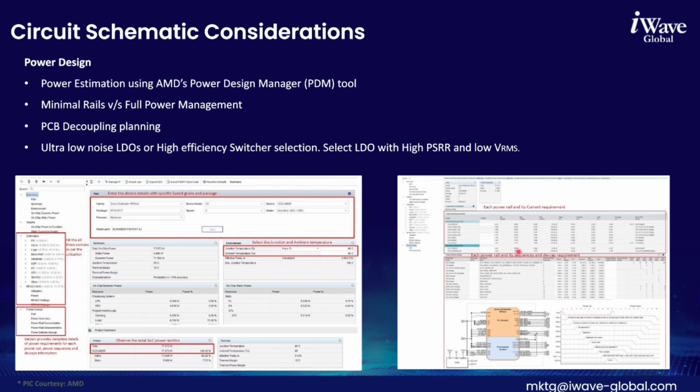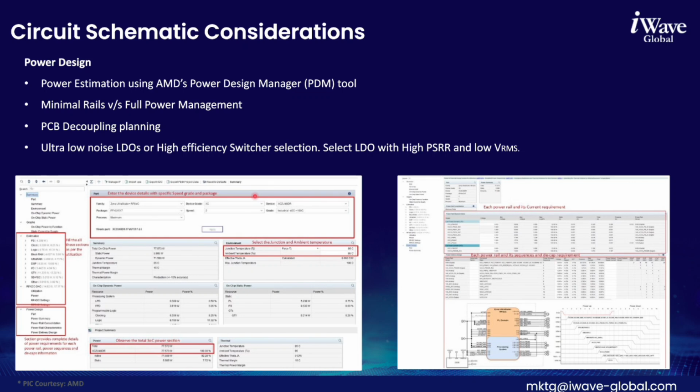Leaving the digital part aside, for the RF power rails we recommend selecting ultra low noise LDOs with high PSRR and low VRMS noise, so that we get good RF performance. When some rails require very high current, we can also use a high efficiency switcher, so that we get the higher power and still get better performance.